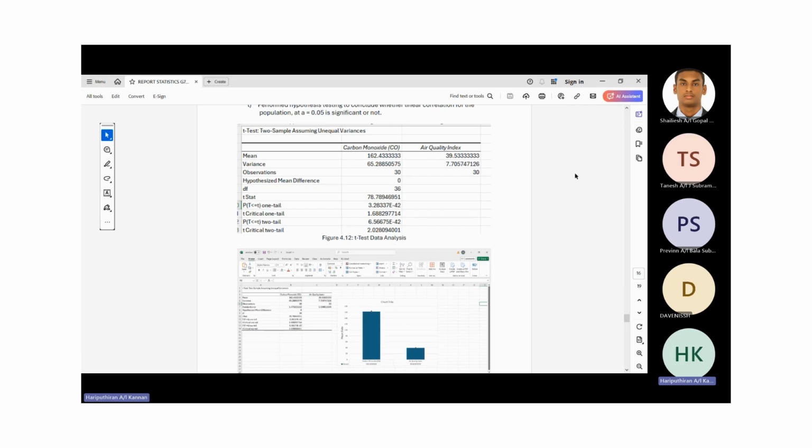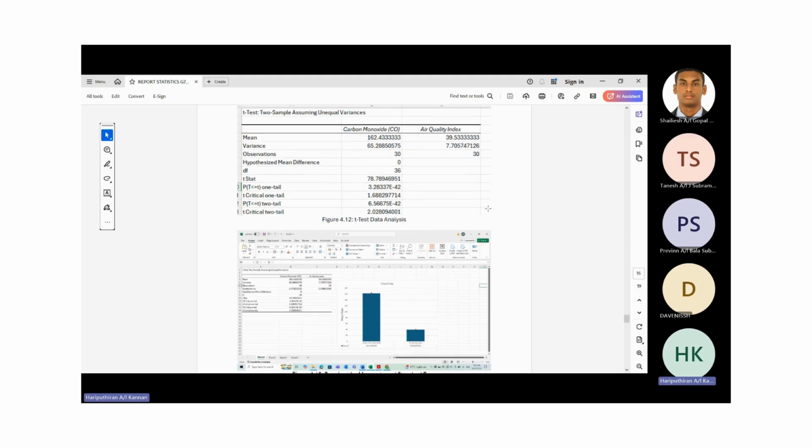The t-test results show that the slope beta 1 equal to 0.1669 is significant, p-value equal to 0.0068 less than alpha value 0.05, meaning the carbon monoxide levels contribute meaningfully to changes in air quality index.